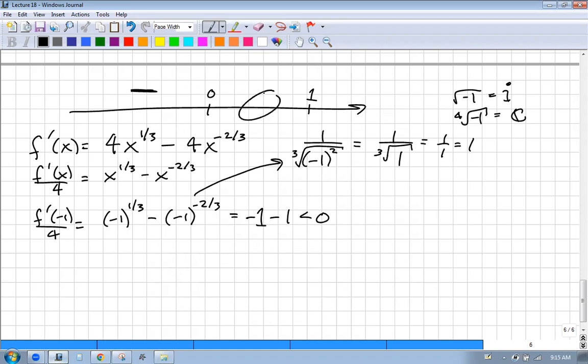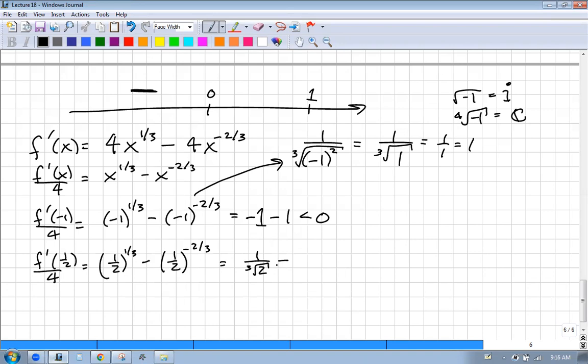Now let's pick something in here, like a half maybe. We'll do f prime of a half. So this would be 1/2 cube rooted, minus 1/2 to the -2/3. This is just 1 over the cube root of 2, whatever that is.